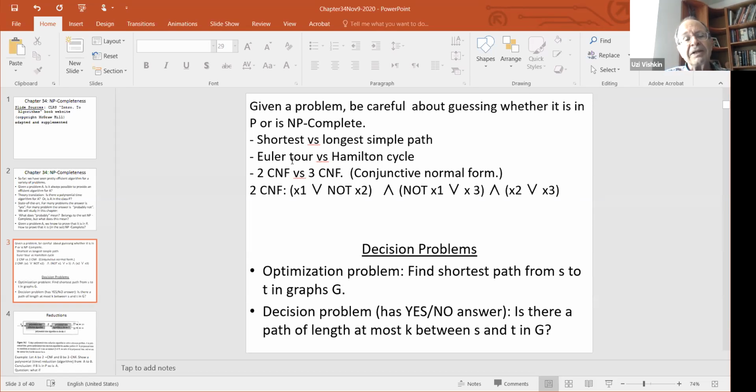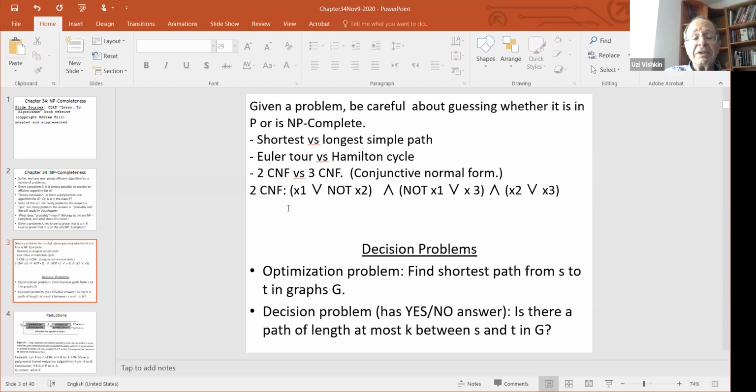If I ask you, find the shortest simple path, your output is going to be a path. Or the longest simple path. If I ask you to give me an Euler tour or a Hamilton cycle, you can look at it in two ways. One is give you actually the tour or the cycle if it exists. The other way of looking at it is I'm giving you a graph, tell me if it has an Euler tour or it has a Hamilton cycle.